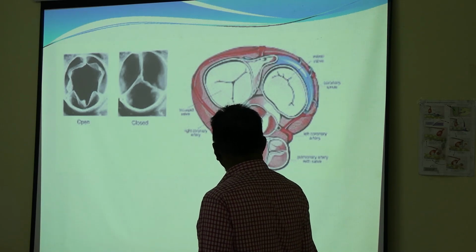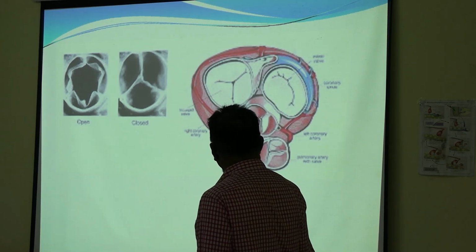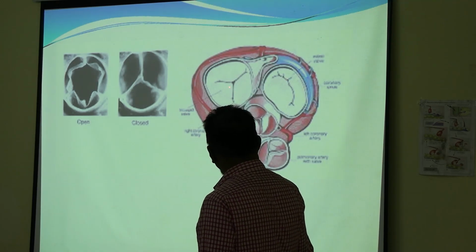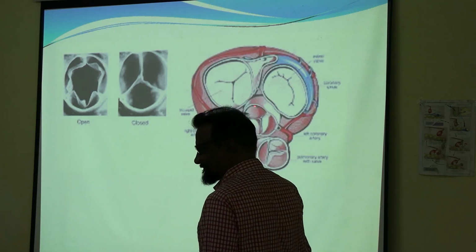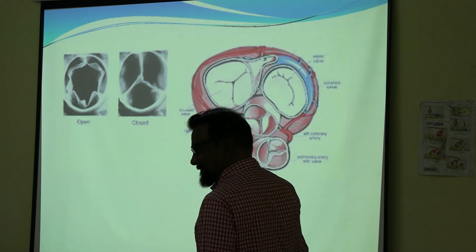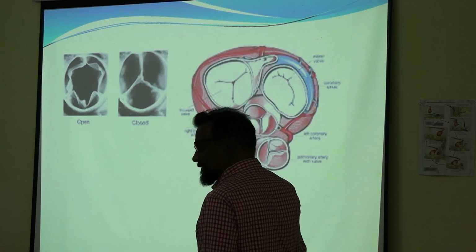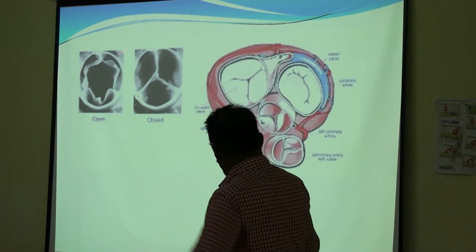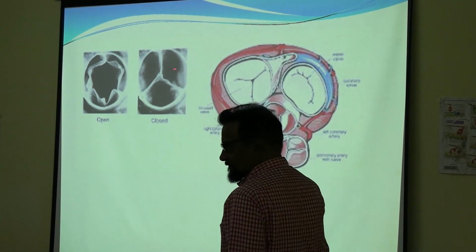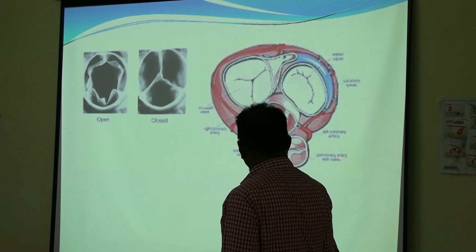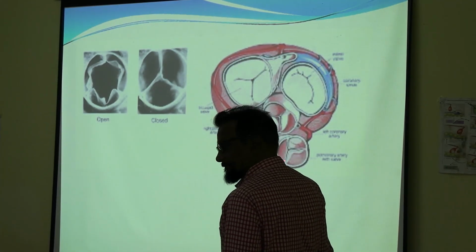No, this one. What is this blood vessel? This is the aorta. This is the aortic valve. Just close to this, there will be the aorta. This is the superior view of the heart, and this is the pulmonary valve, pulmonary artery.